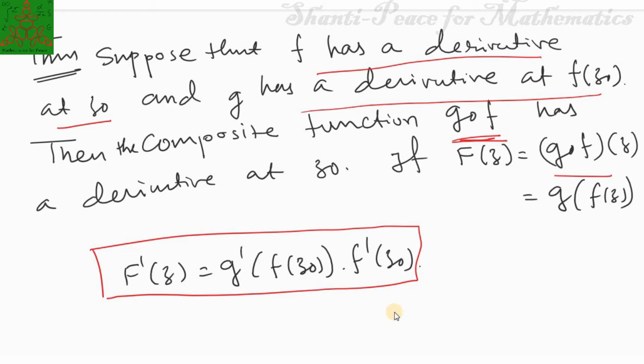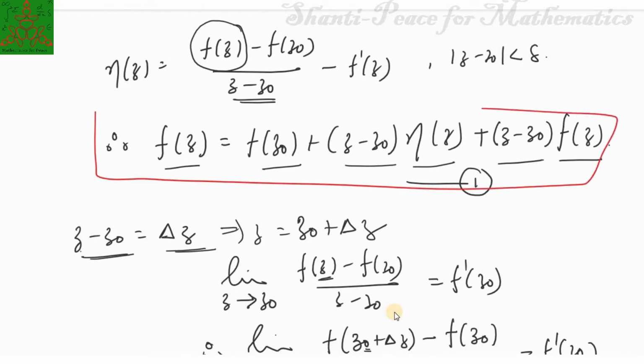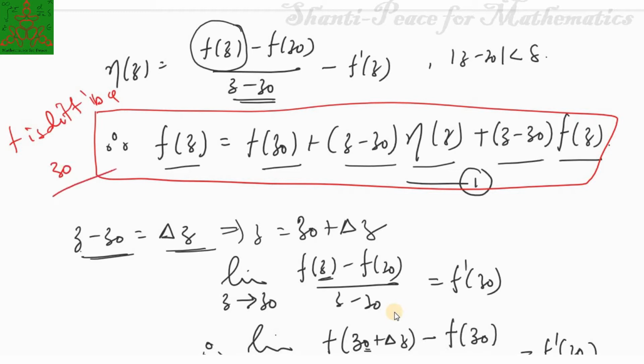Now to prove this one, we'll use the equation 1 we have defined earlier. So let us recall what was the equation 1 we discussed, where if f is differentiable at point z0, then we can write in this form, and this epsilon of z will tend to 0 in that situation.